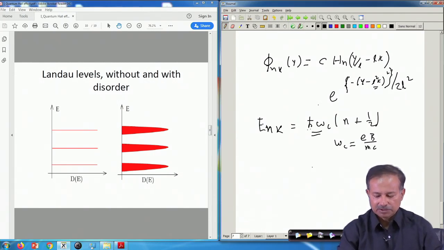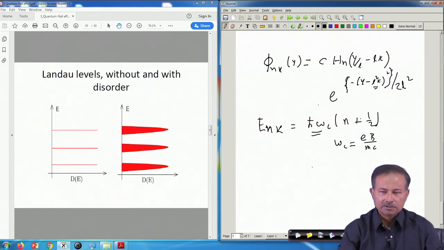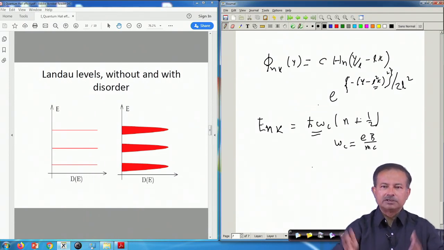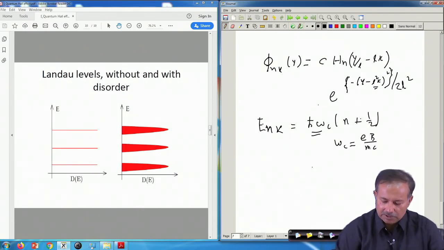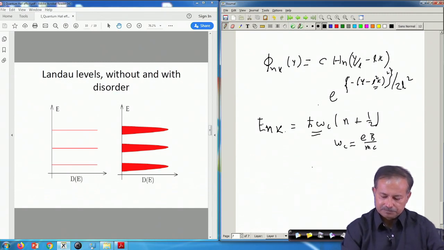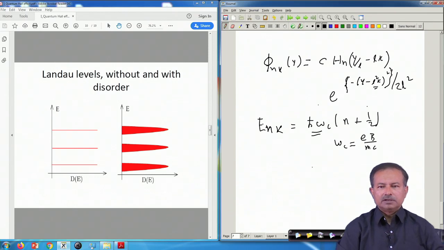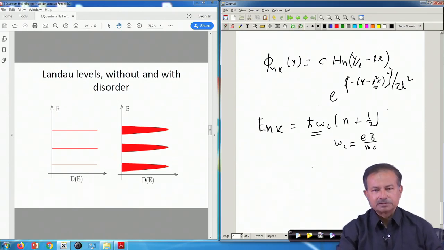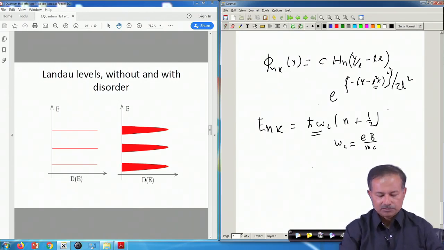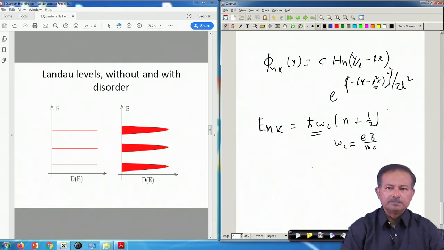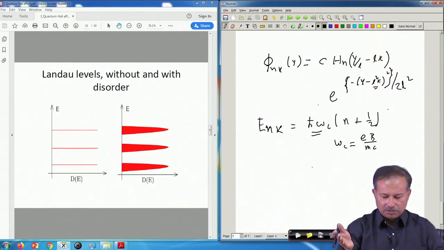There is this zero point energy at n equal to 0, you will still have a finite energy, as happens in any confined potential, for example, an oscillator potential is a confining potential. And h cross omega c into n plus half has the same form that you get from the oscillator.